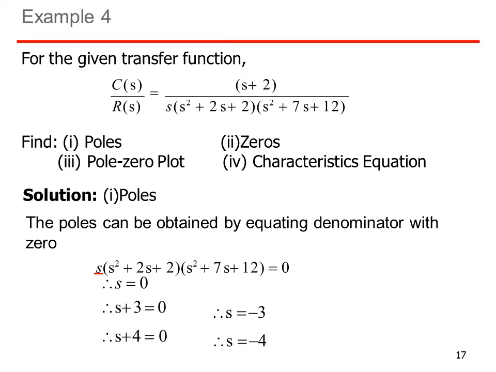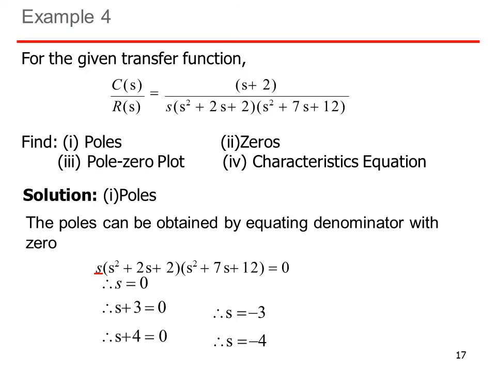We can obtain the poles by equating the denominator with 0, and the denominator is s (s square plus 2s plus 2)(s square plus 7s plus 12) is equal to 0.